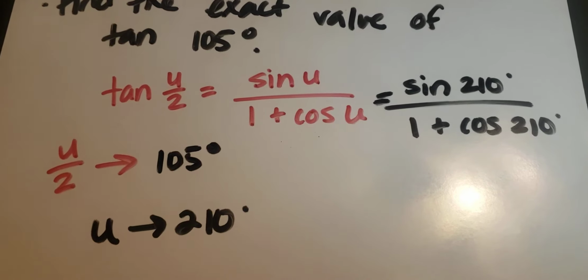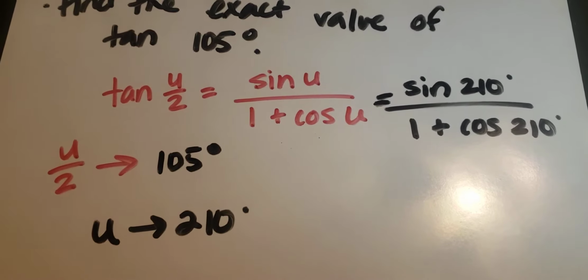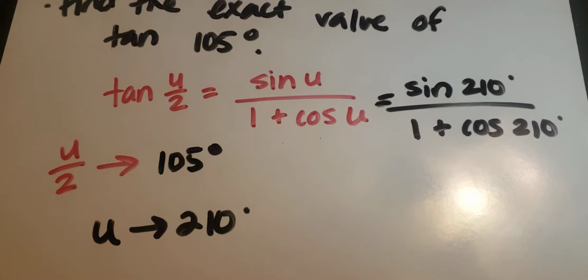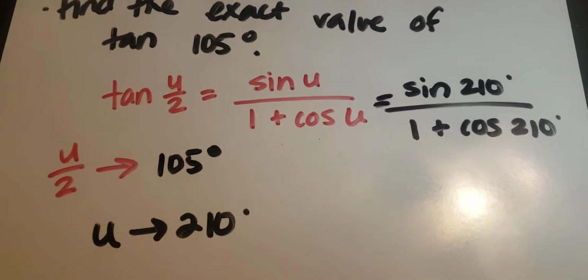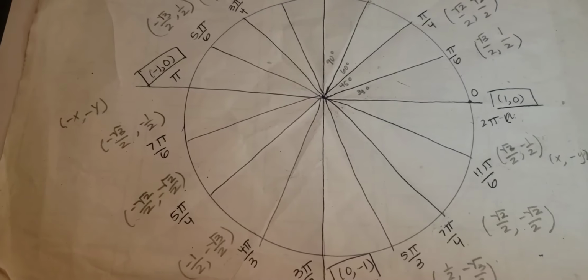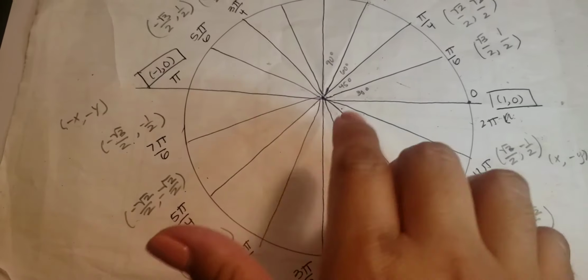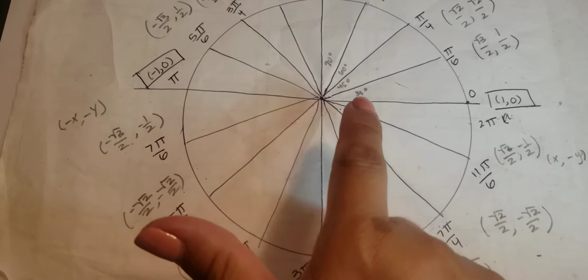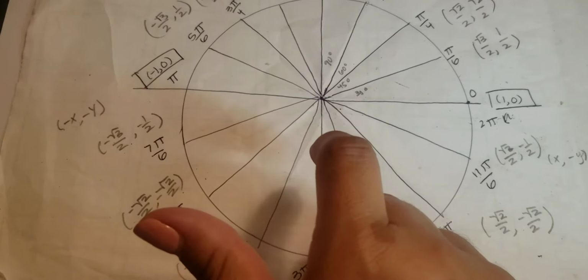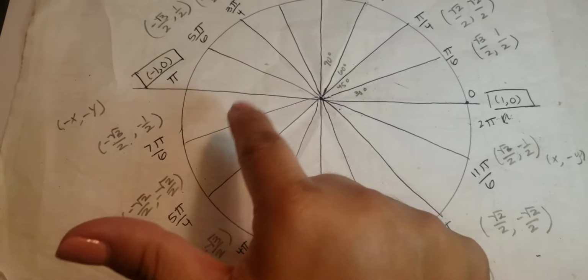I would suggest you can use the unit circle to solve for sine of 210 and cosine of 210. So let me pull my unit circle out. Here's my circle. I have my coordinates, my radians, and just some of my degrees, not all of them, but I could just repeat the pattern.